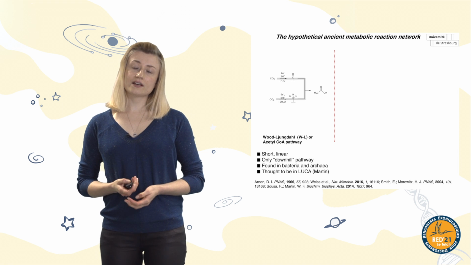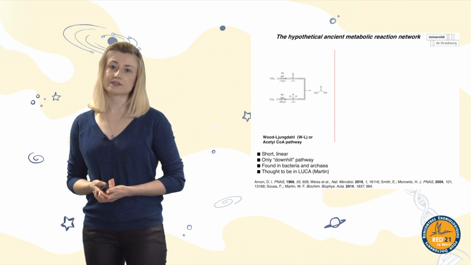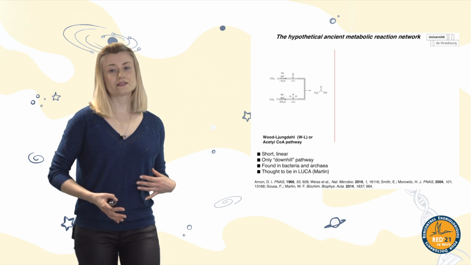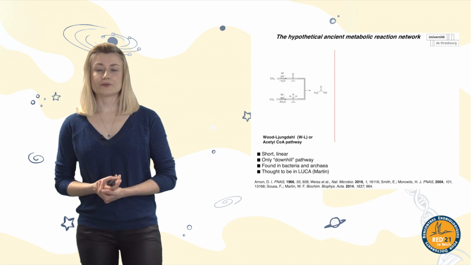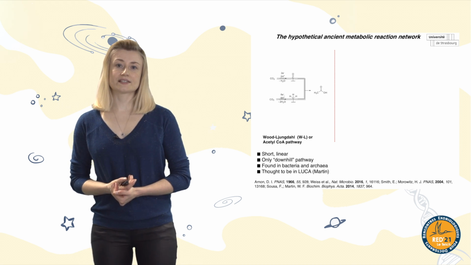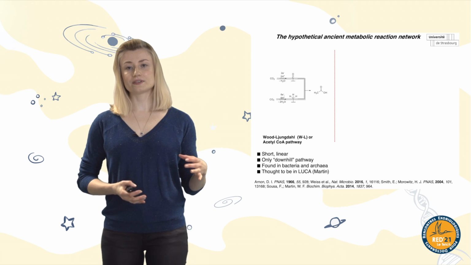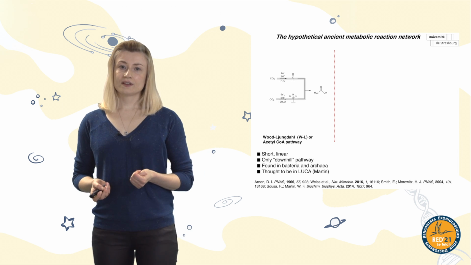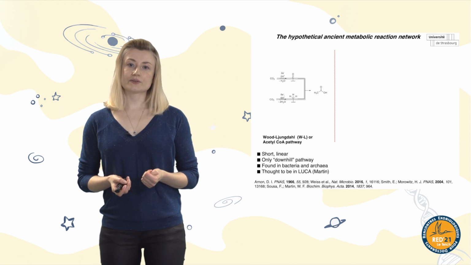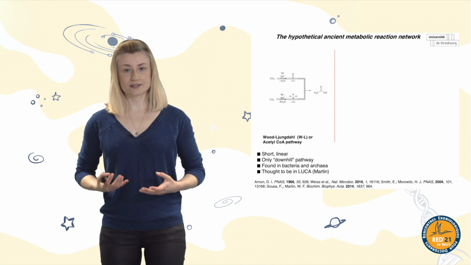On the left-hand side of the slide, you have the Wood-Ljungdahl pathway, or the acetyl-CoA pathway. It starts from CO2, takes 2 molecules of CO2, and converts them to a 2-carbon molecule of acetate.